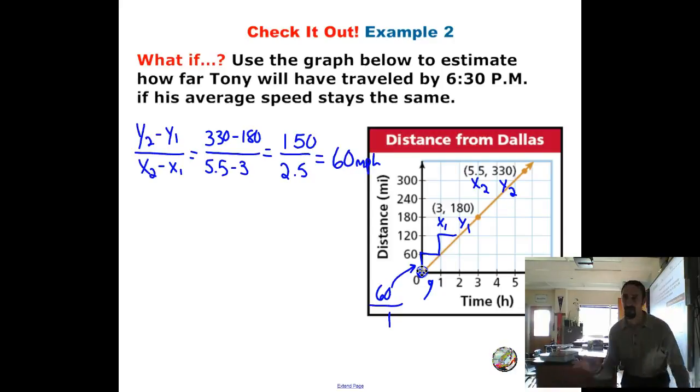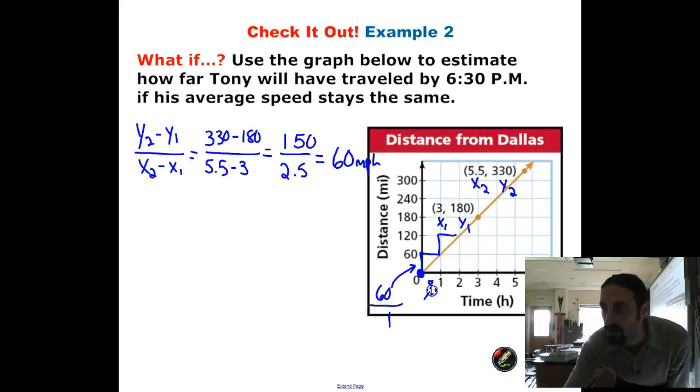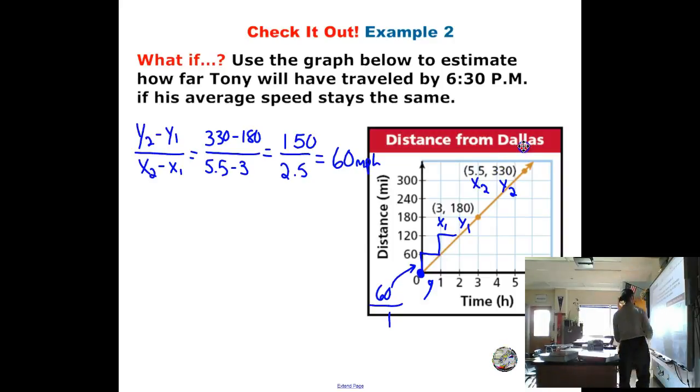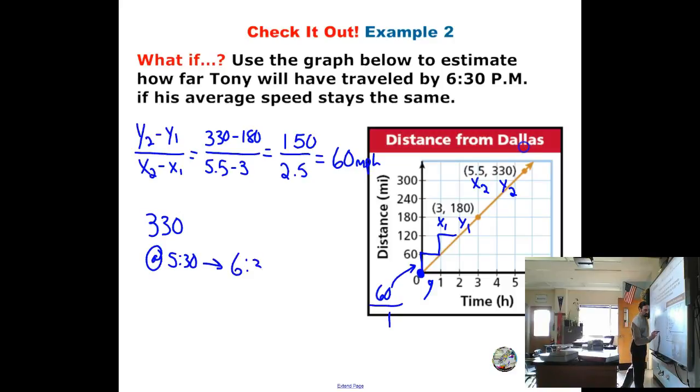Now, I haven't actually answered the question yet. The question states, how far Tony will have traveled by 6:30 if he continues the same speed? So wait a minute. At 5:30, he's gone 330 miles. Another hour from now, it's 6:30.